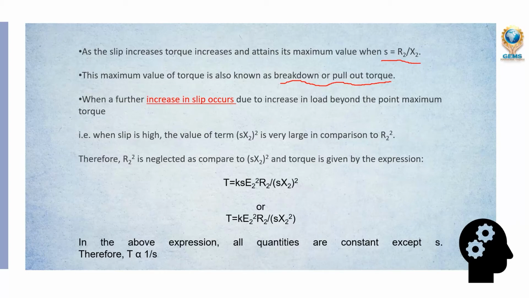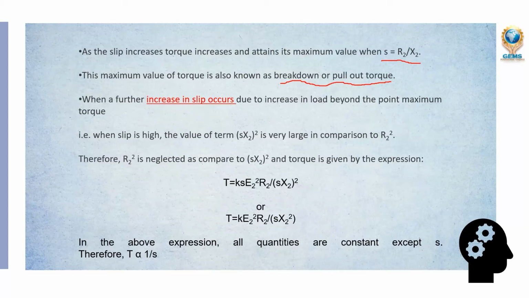After that, the slip may increase even more because of the load. So here we can see the next level: if the slip is high, then (S X2) square will be large because S is increasing, and this term will increase comparatively to R2.